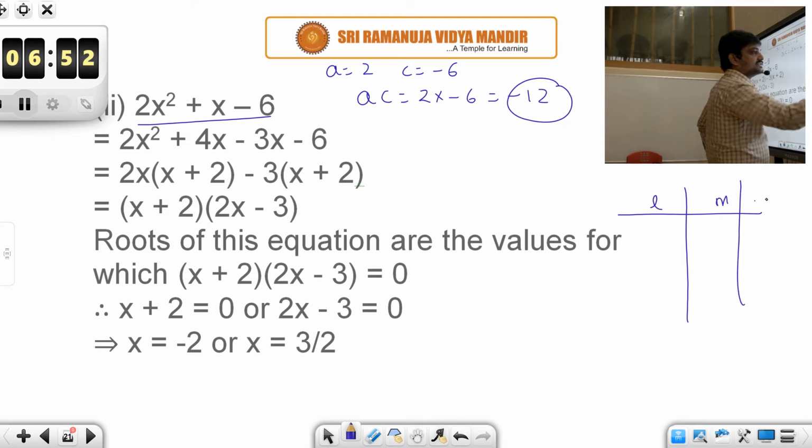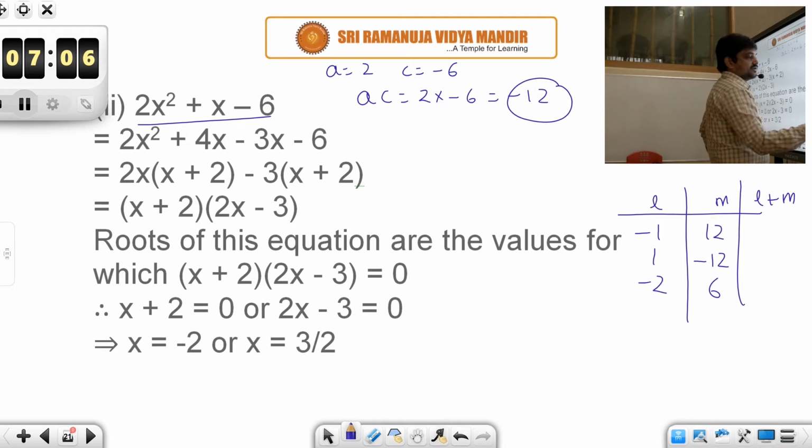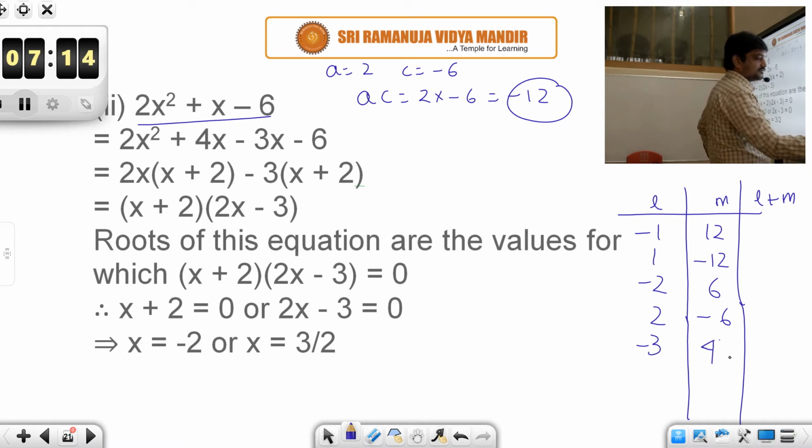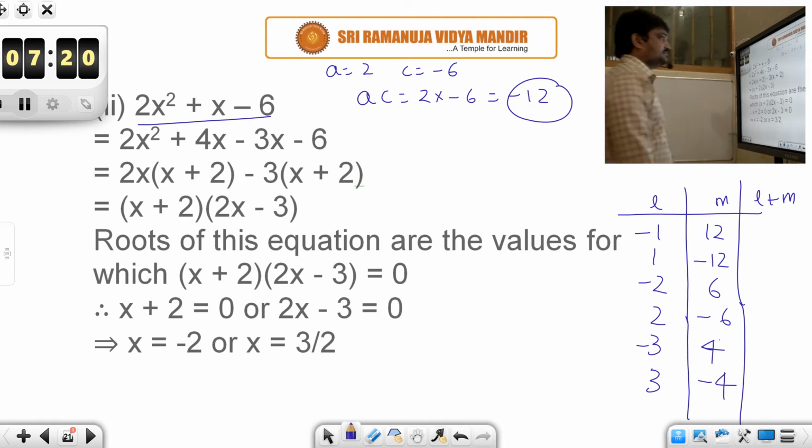We can write this as minus 1 into 12 or 1 into minus 12, or minus 2 into 6 or 2 into minus 6, and then minus 3 into 4 or 3 into minus 4, isn't it?